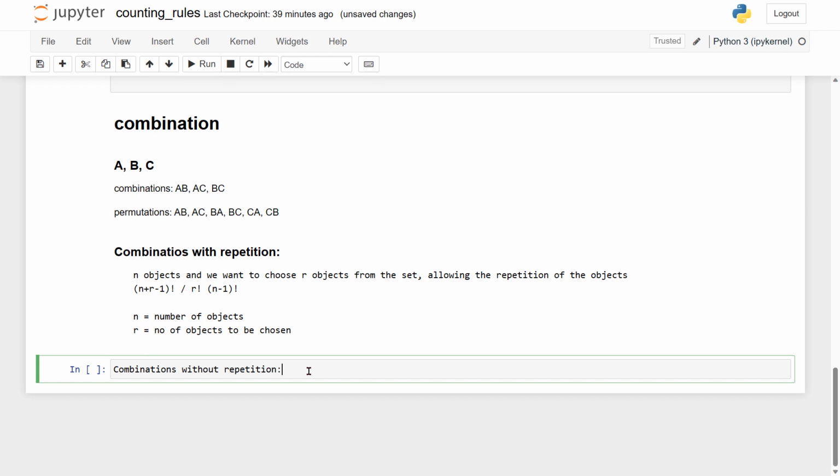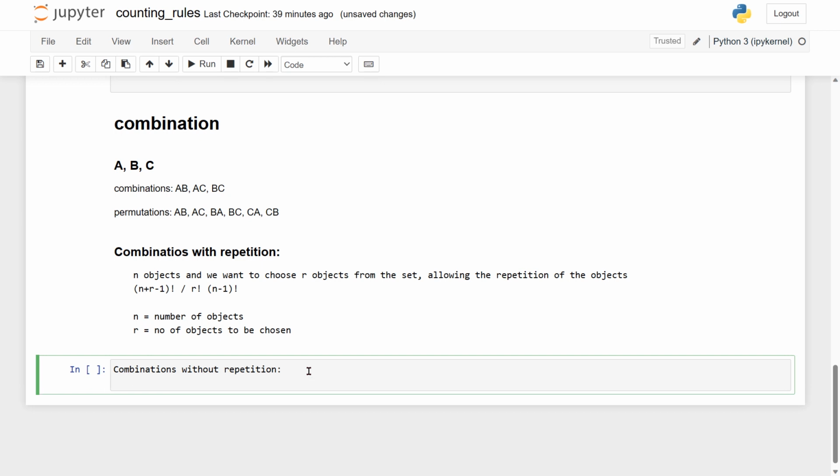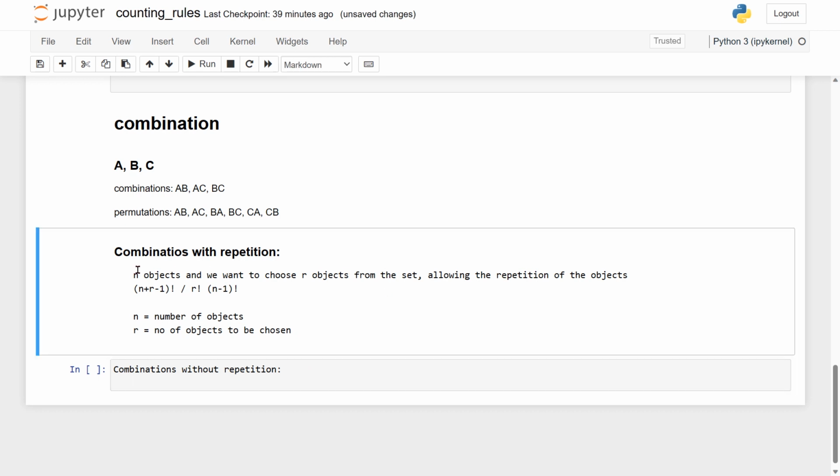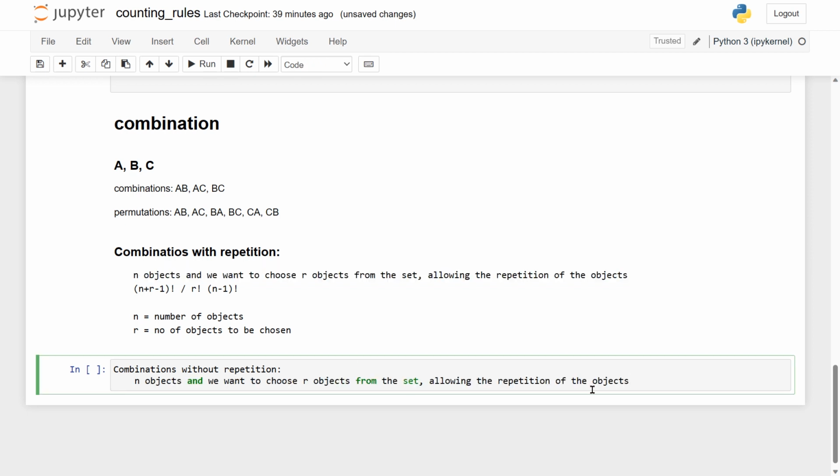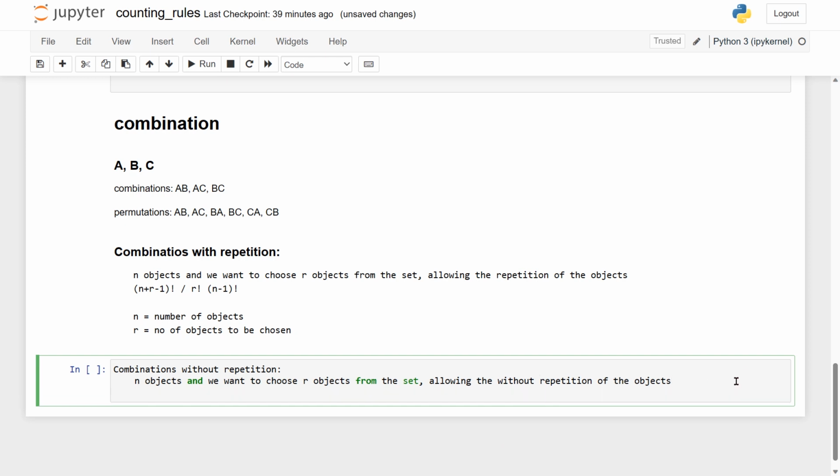Then we have combinations without repetition. In this case, again, we have n objects and we want to choose r objects from the set without repetition of the objects.